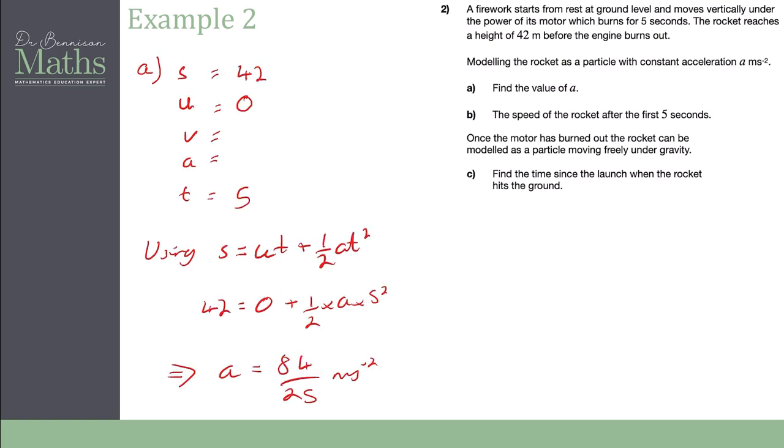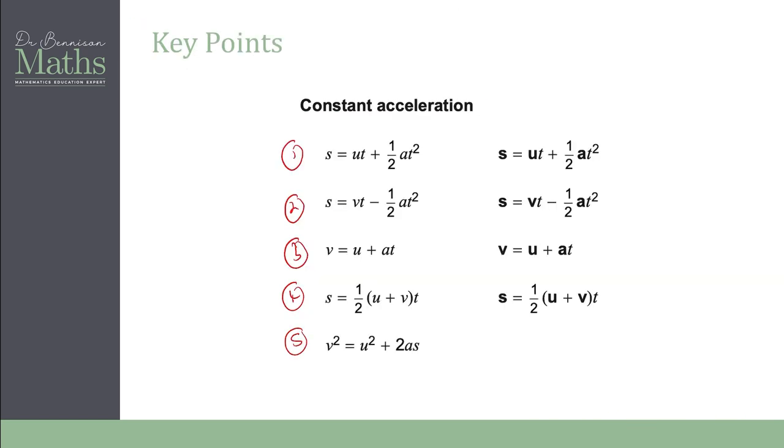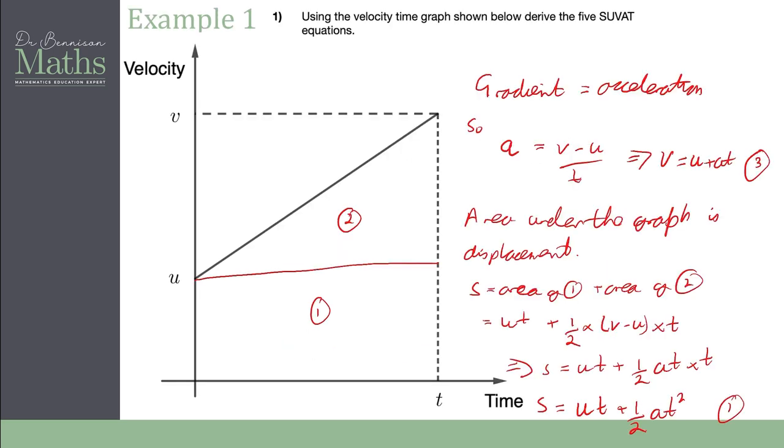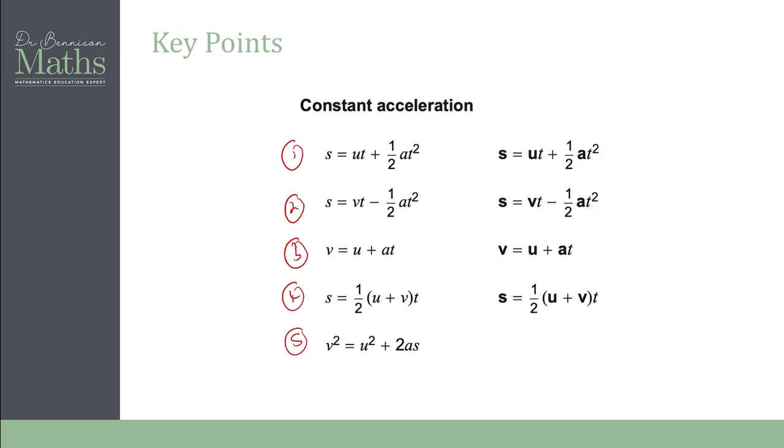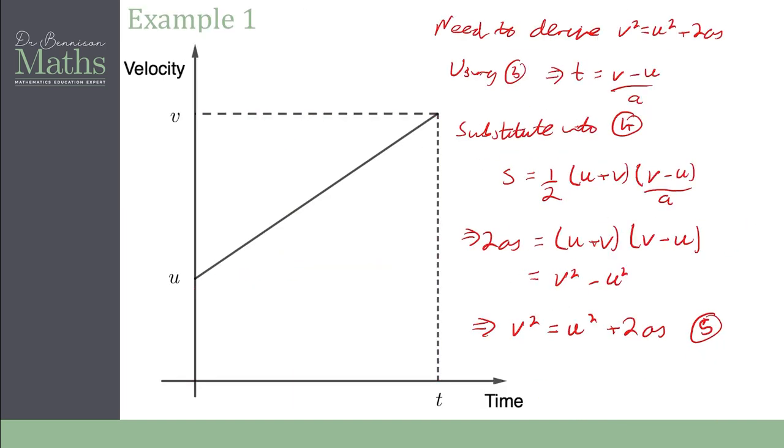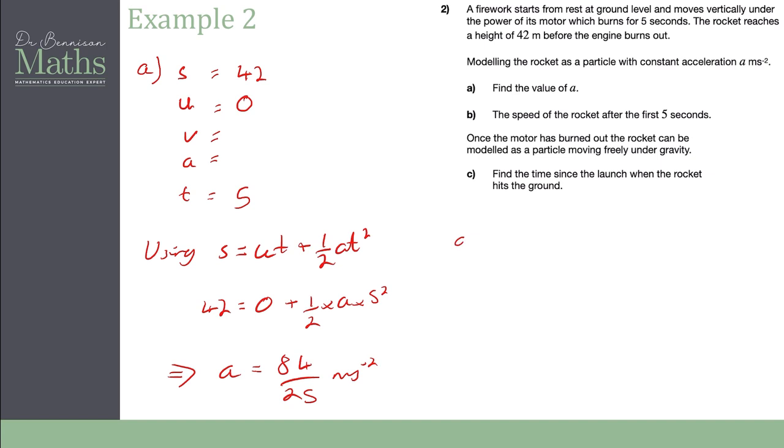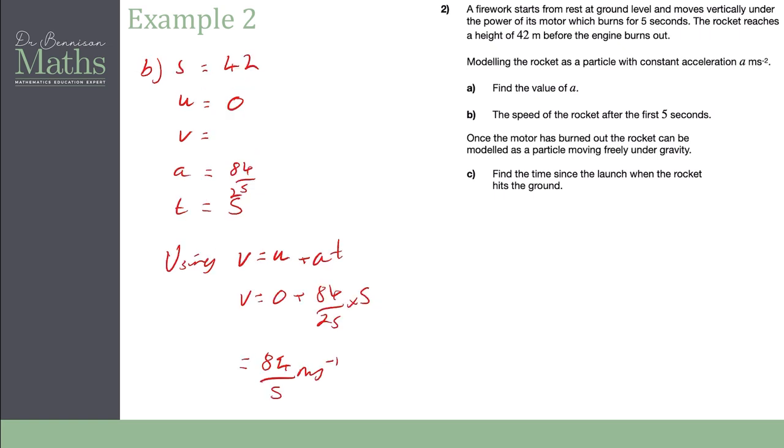So again, we've used a couple of our Suvat equations here. Of course, I could use other equations, because sometimes it can be dangerous to use this A equals 84 over 25.